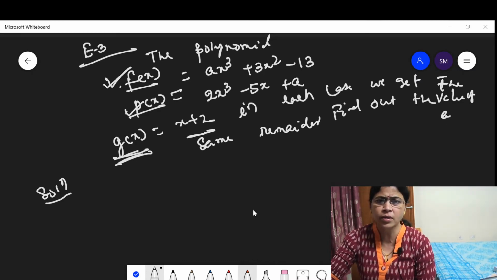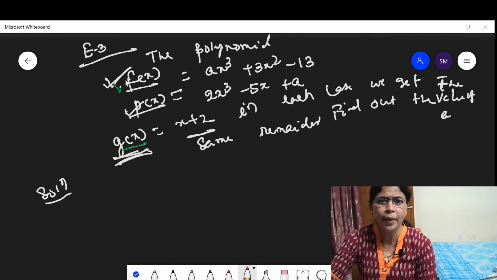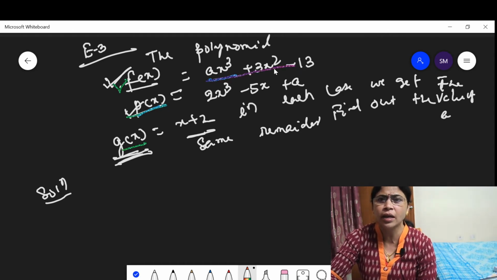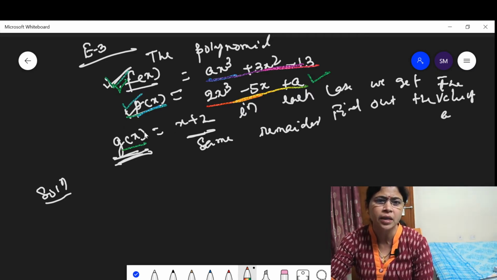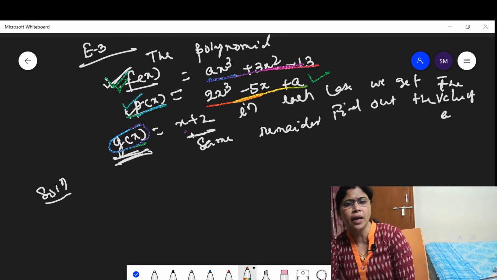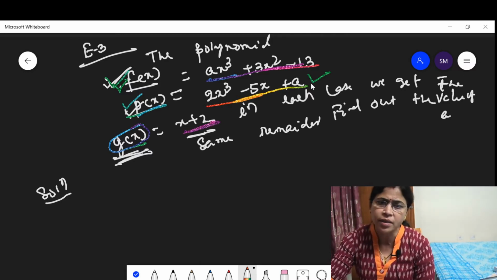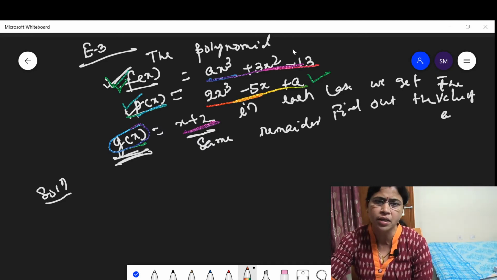Here f(x) is the polynomial ax cube plus 3x square minus 13 and p(x) is the polynomial 2x cube minus 5x plus a, and when f(x) and p(x) are divided by g(x), where g(x) is x plus 2, in each case we get the same remainder.